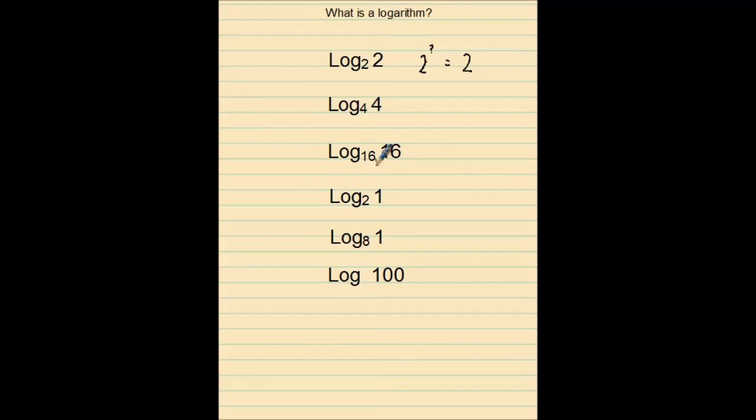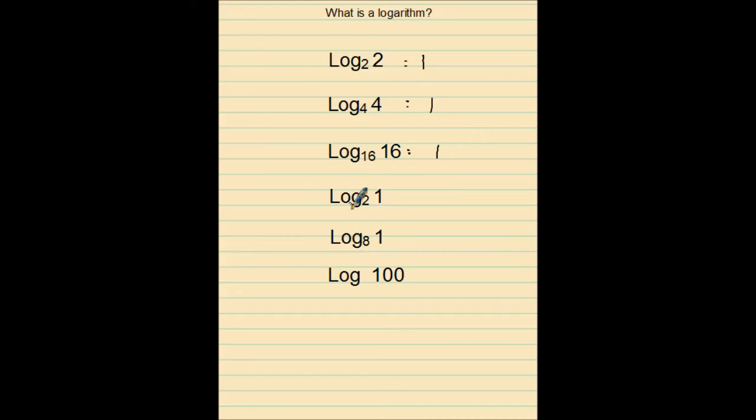And what you'll find is, when you're trying to find using a base, that number which is the same as the base, it's always going to be to the power of 1. And you'll soon recognize this. So, what is the index to the base 16 that results in 16, and it's going to equal 1. So you'll quickly come to recognize these special cases, and you'll just know that they're always going to be equal to 1.